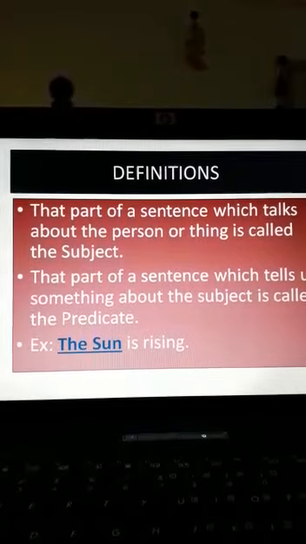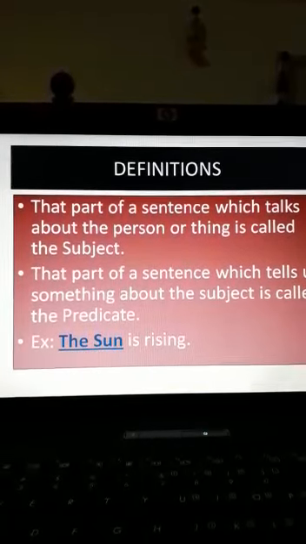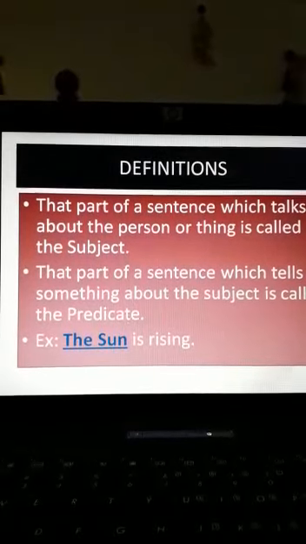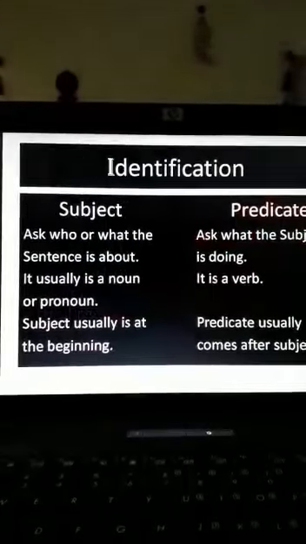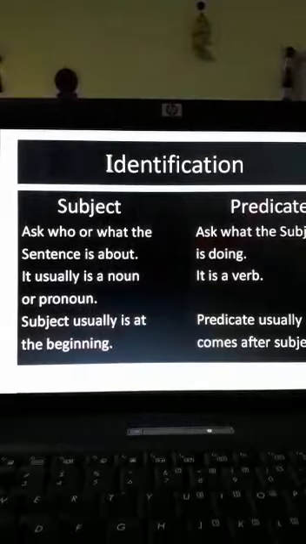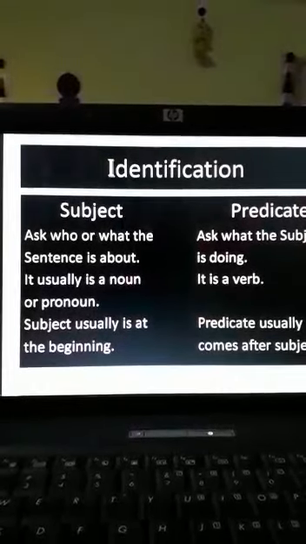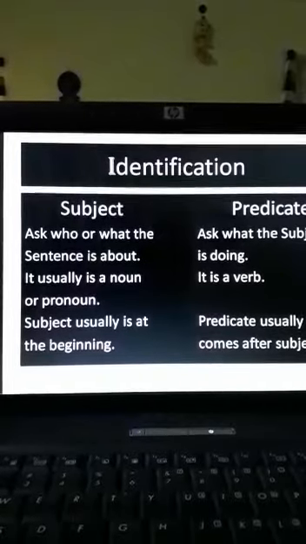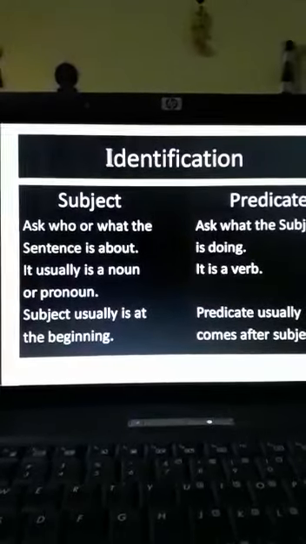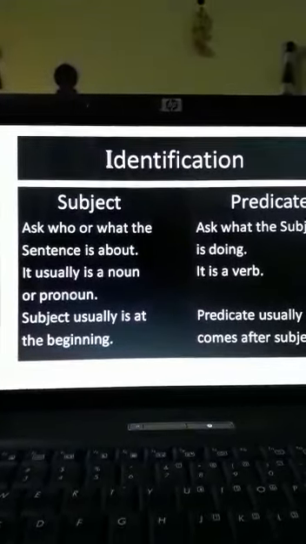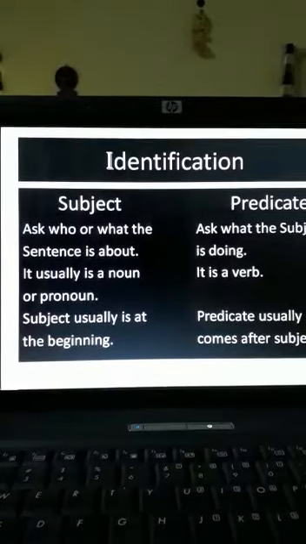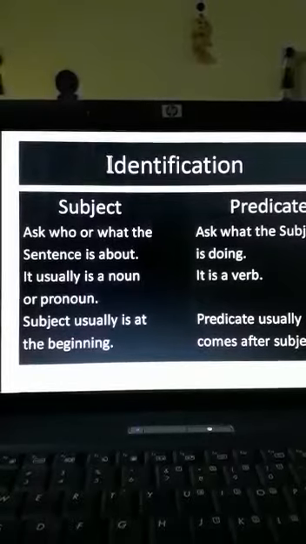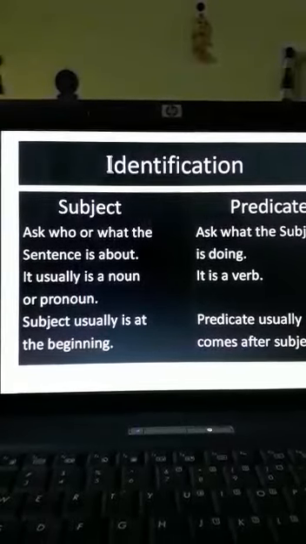Now, I hope you're clear with what a subject and a predicate is. Now, let's see how to identify the subject and the predicate. So, the subject, how do we identify it? We have to put a question to ourselves when we see a sentence: what is being spoken about, or about whom it is spoken about.